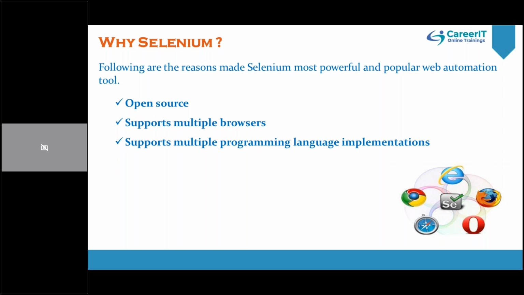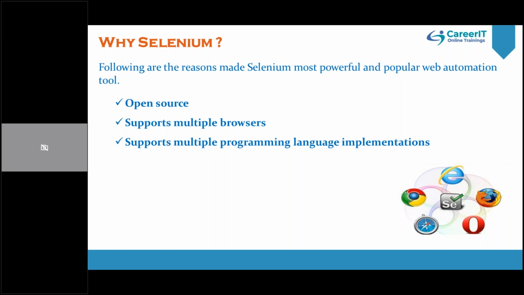So the Selenium tool requires knowledge of one programming language, guys. The popular programming languages available in the market like Java, Python, Node.js or C Sharp or Ruby. Selenium supports most of the popular programming languages, I mean almost five to six.